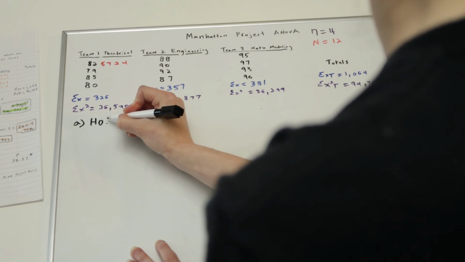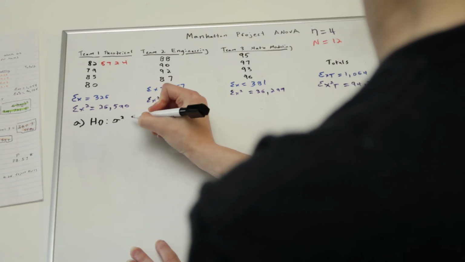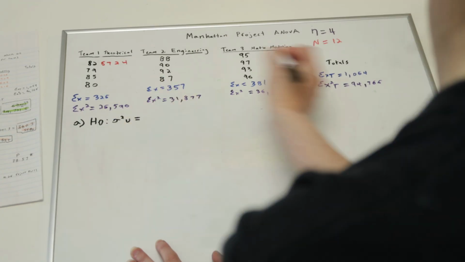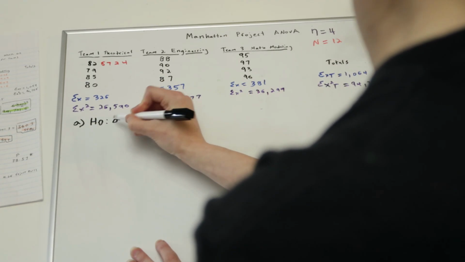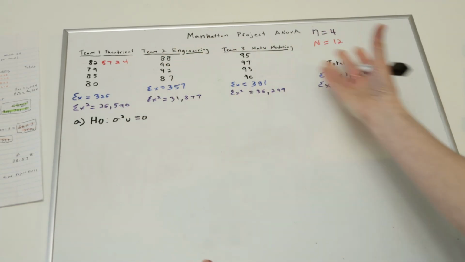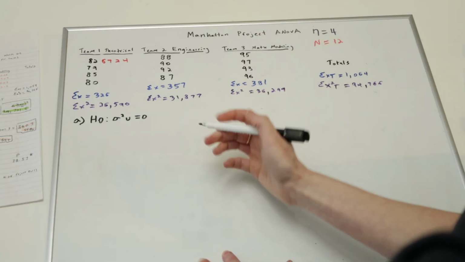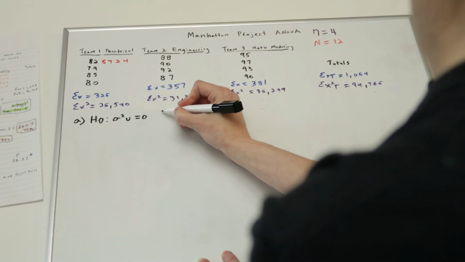H0, that's the null, which means variance between these groups is equal to 0, meaning they don't vary. There's no variation between these teams and how accurate they are in solving nuclear fission problems.